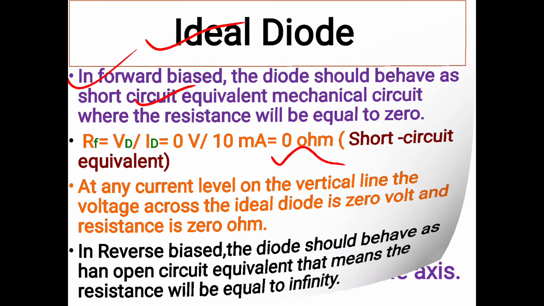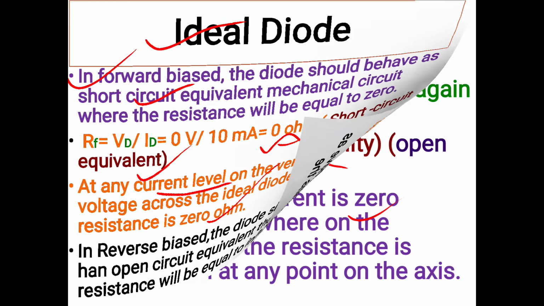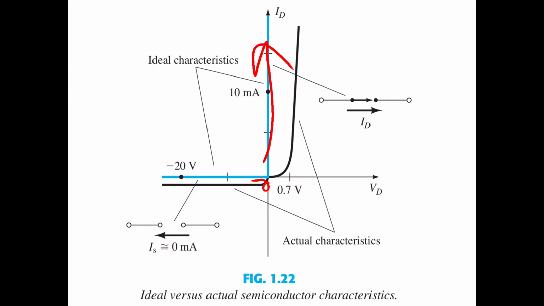So the resistance is 0 ohm and it is acting as a short circuit equivalent at any current level on the vertical line. At any current level on the vertical line, the voltage across the ideal diode is 0 volt and the resistance is 0 ohm. This is our current axis, and at any current level the voltage is equal to 0.